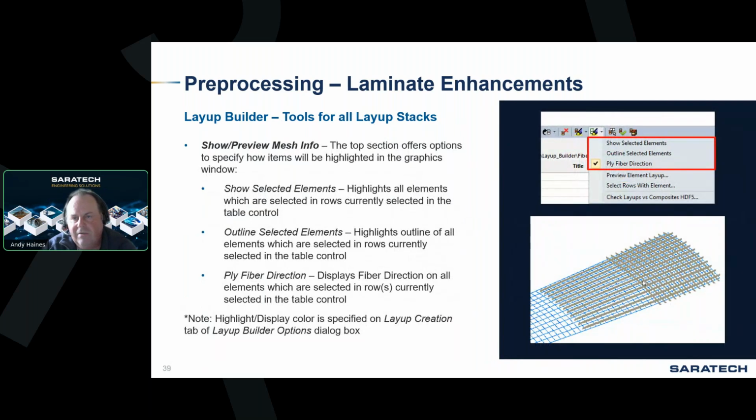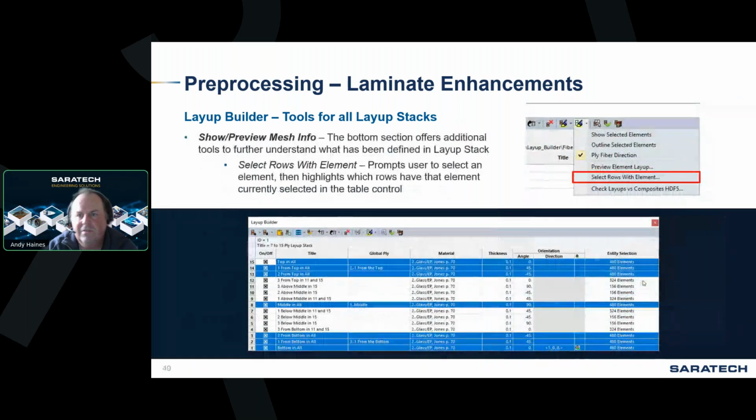But once you have this all specified, there's the ability to show the selected elements, outline the selected elements, and show the apply fiber direction. We really tried to give you as much feedback as possible to know that you're in the right place. You can basically pick an element and it'll show you which rows are going to be used for that particular element.